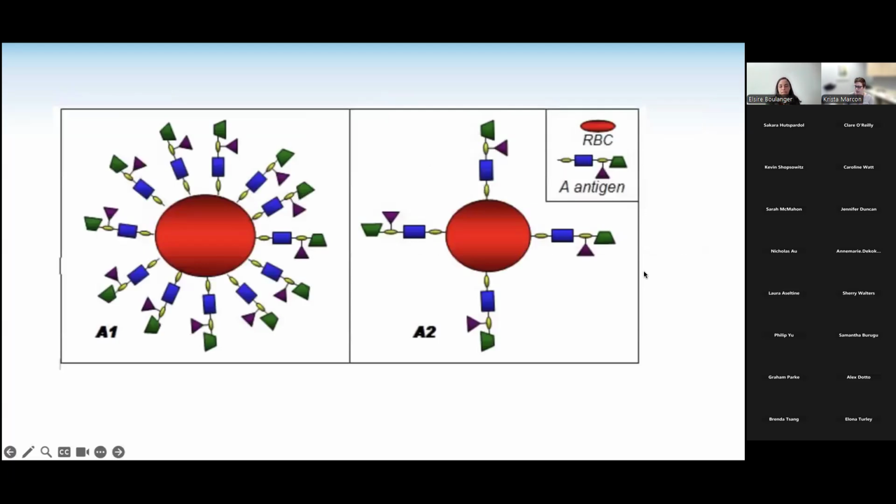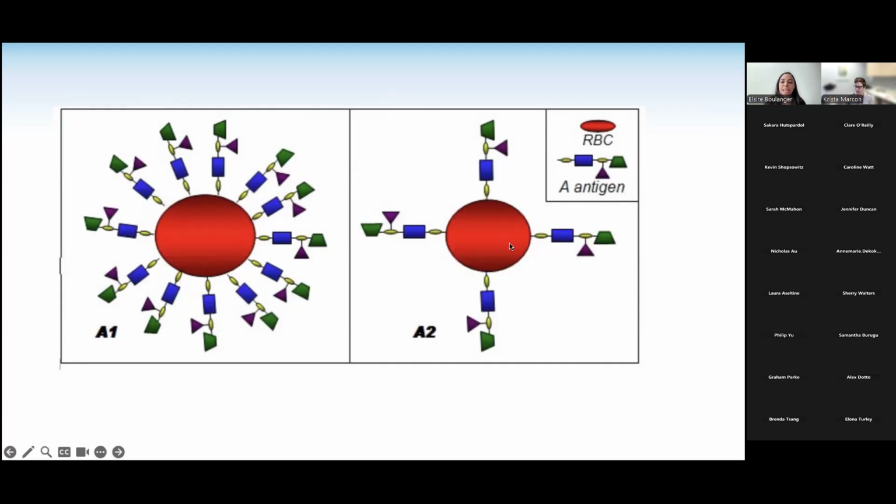And what is happening with the subtypes, A1 or A2, is that the A antigen can have different subtypes. A1 is the most common, let's say 80%, but around 20% of the people who are A will have A2.